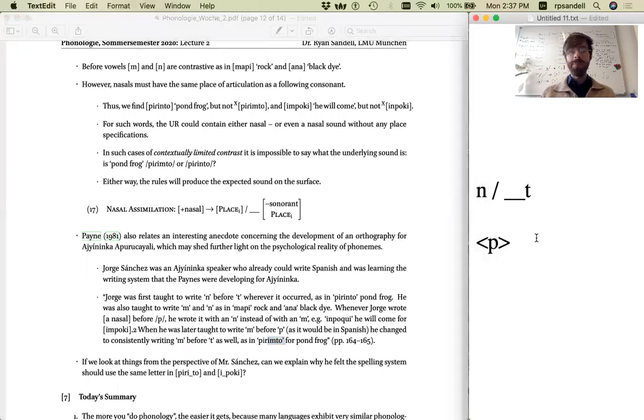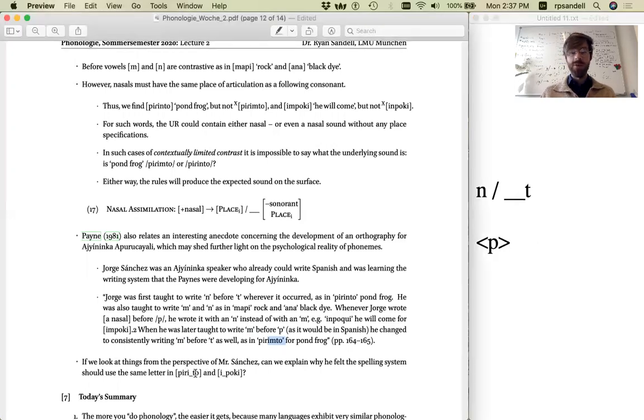So if we try to look at things from the perspective of Mr. Sanchez, how can we explain that he felt that the spelling system ought to use the same letter in these words, pirinto and impoki? I think it's precisely because of this phenomenon of contextually limited contrast.